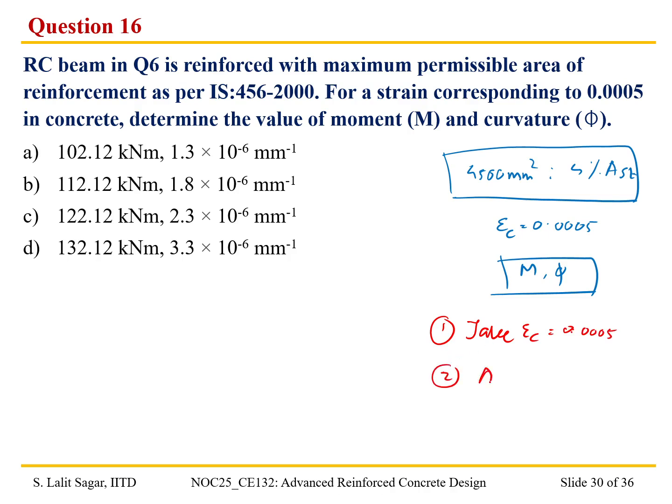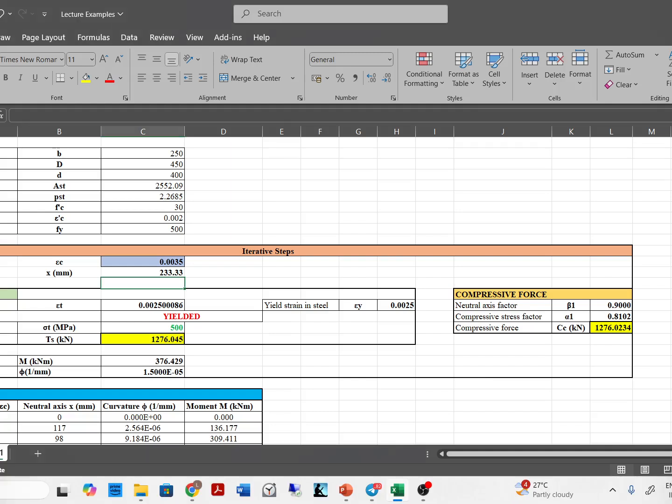Assume a value of x, the neutral axis depth, and reiterate the value of x so that Cc becomes equal to Ts. And finally, we need to determine the moment capacity and the curvature phi. So let me go back to the Excel sheet, and we're going to solve the problem using that Excel sheet.